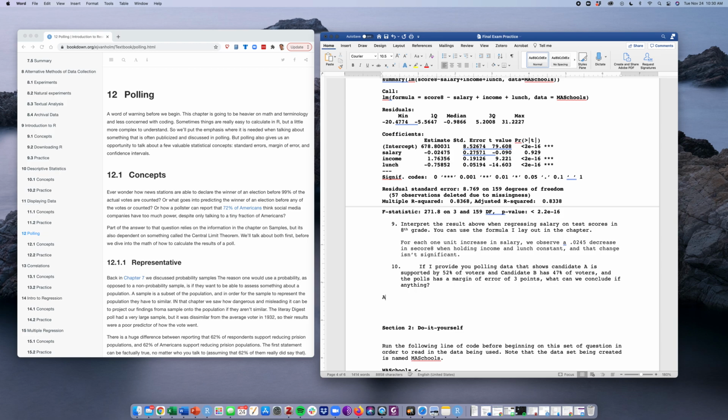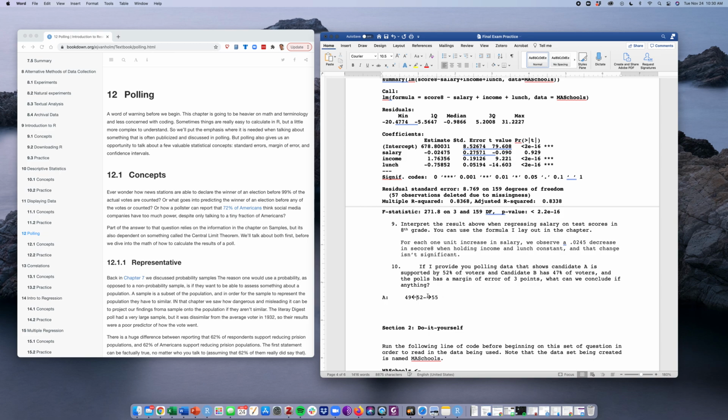So candidate A has 52% of voters, plus or minus 3. So the actual support might be up to 55, but it might also be as low as 49.